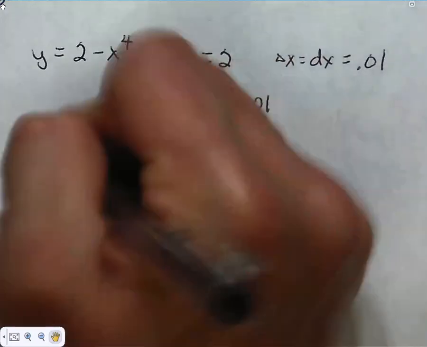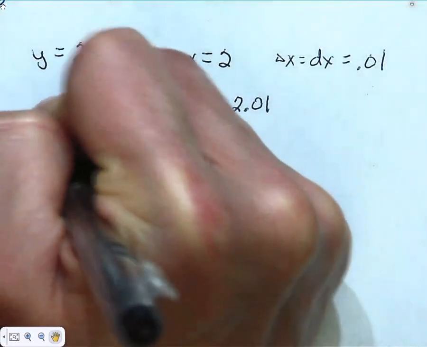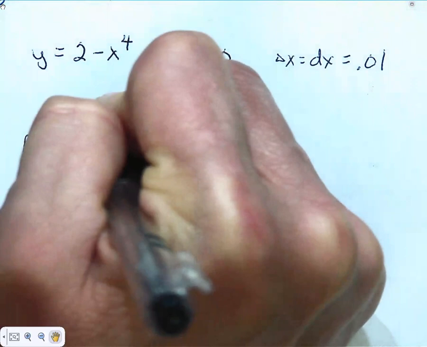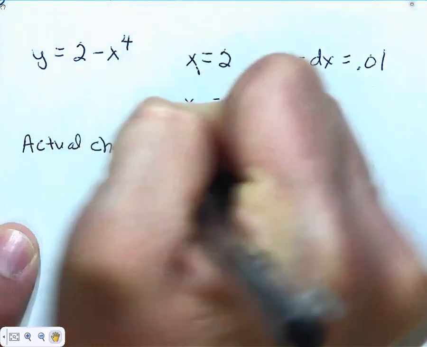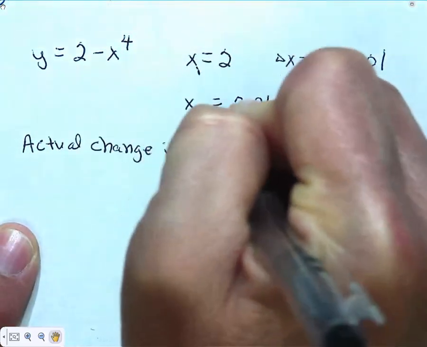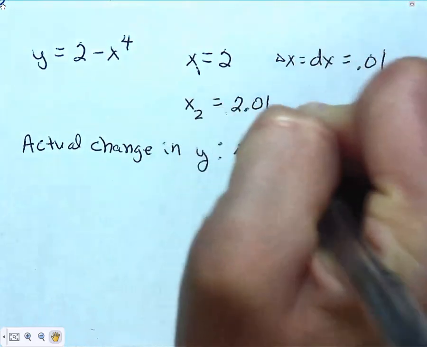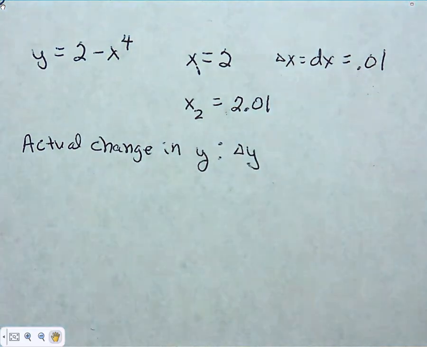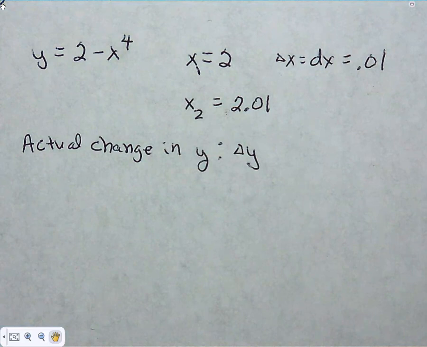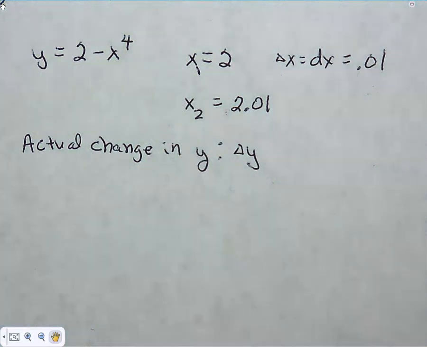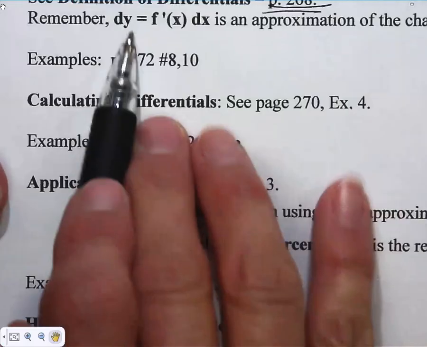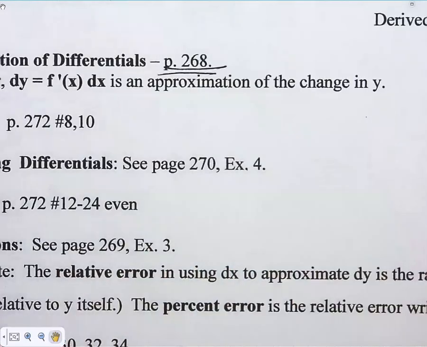The symbol for the actual change in y is delta y. When we have to just approximate the change in y, we'll use the symbol dy. dy is an approximation, delta y is exact, and I have that typed in your notes right here. dy is an approximation of the change in y.